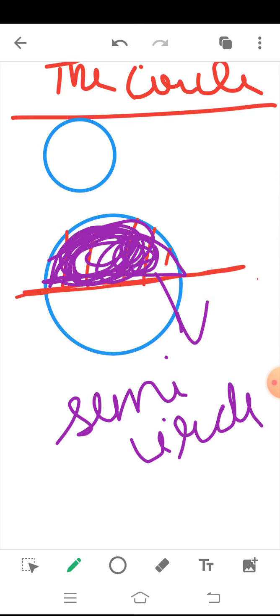So the half of the whole circle or the circumference of a circle is called the semicircle. The diameter divides a circle into two equal halves. Each part is known as a semicircle. The region enclosed by the semicircle is known as semicircular region. So this region is known as semicircular region.